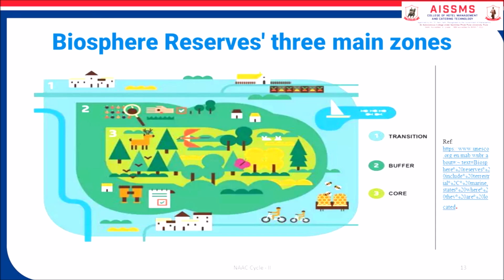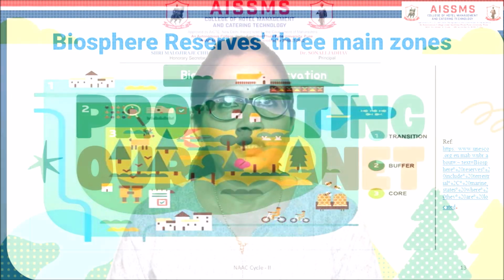The buffer zone, which is marked as number 2, surrounds or adjoins the core areas and is used for activities compatible with sound ecological practices that can reinforce scientific research, monitoring, training and education. The zone marked as 1 is the transition area, where communities foster socio-culturally and ecologically sustainable economic and human activities.